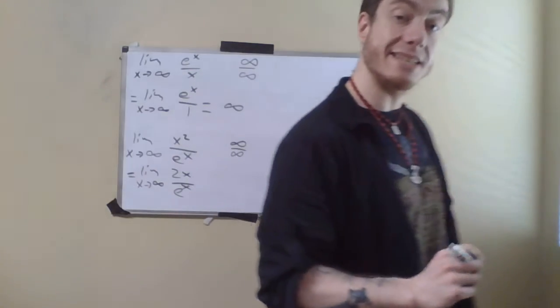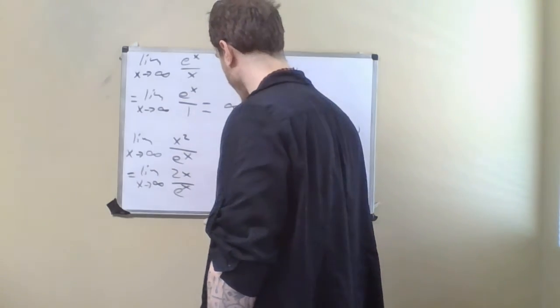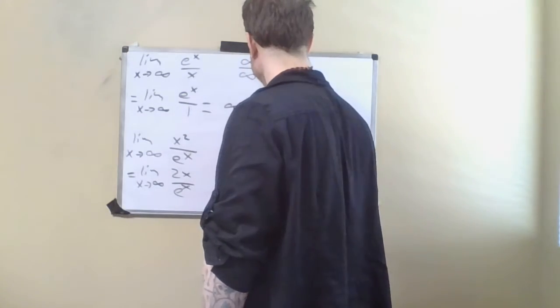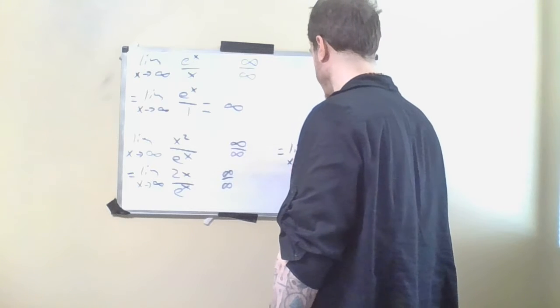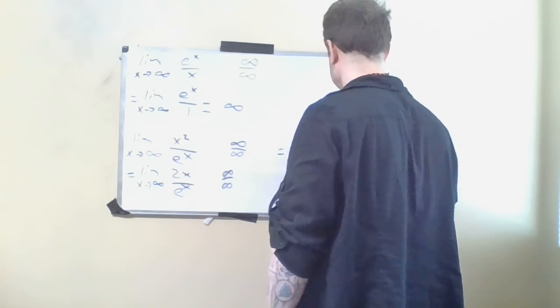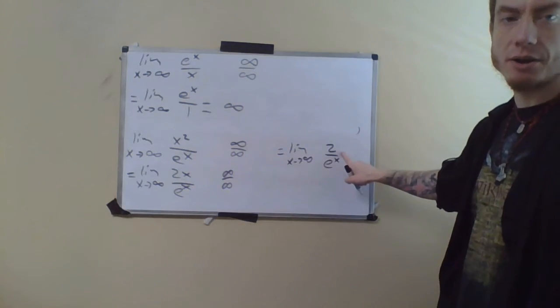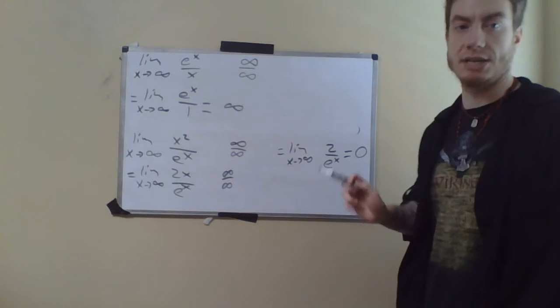Now, this is itself, once again, an indeterminate form of infinity over infinity. And I can replace it, therefore, with the limit as x goes to infinity of 2 over e to the x. Now, the denominator is blowing up to infinity and the numerator is remaining constant, so this is going to be equal to 0.